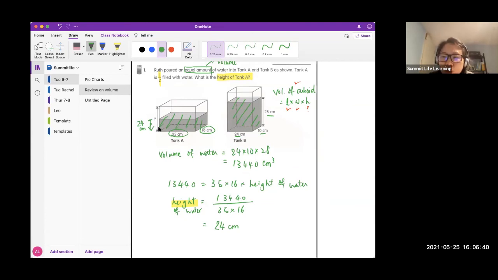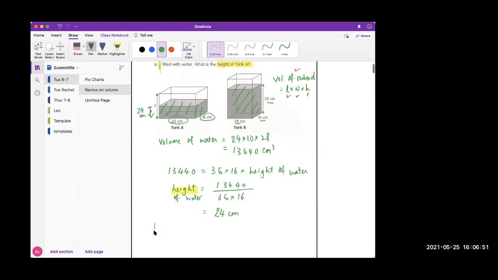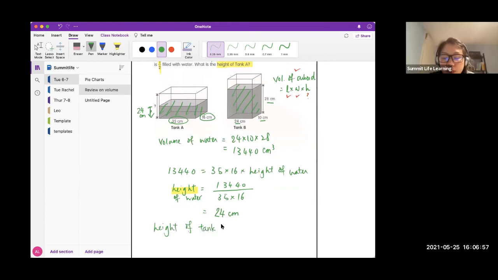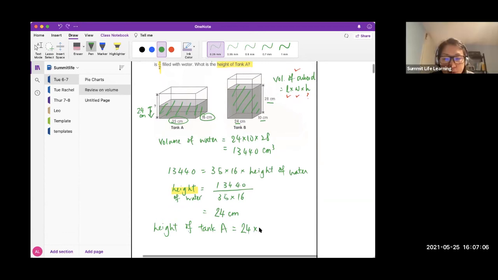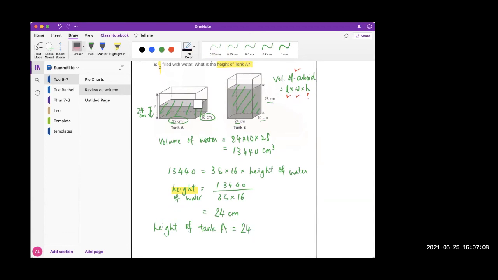Samantha, what should the total height be? What is the original height if it is just half filled? 48. How do you get it? I did 24 divided by 0.5. Oh, okay, divided by 0.5. That's what you have done. Okay, thank you.